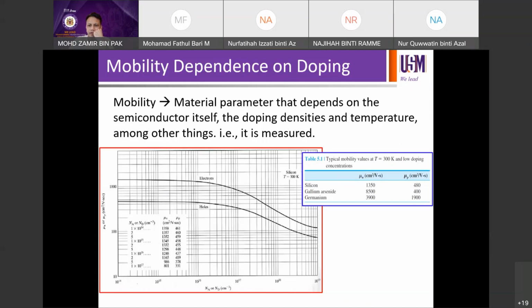So the difference in concentration here means the concentration gradient between two neighboring regions, if you like, two side-by-side regions. We're going to go into the details later on.